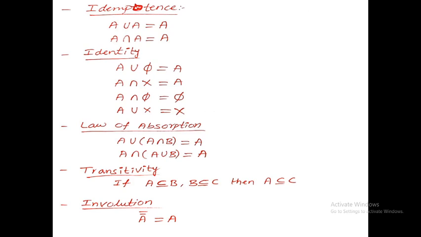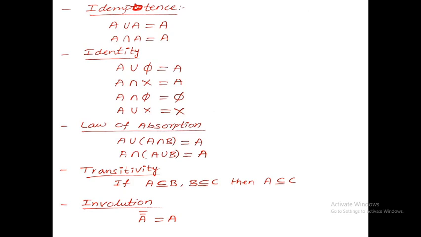So what is the common portion? In A union B you have the set A, which is again intersecting with set A. So what is common here? Set A only is common. That's why A intersection (A union B) gives only A. So this is the law of absorption.